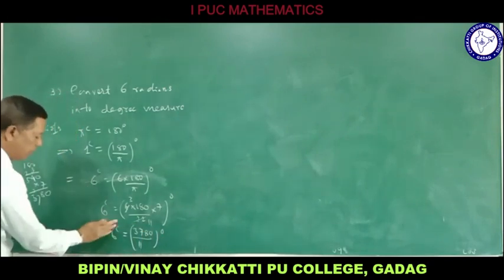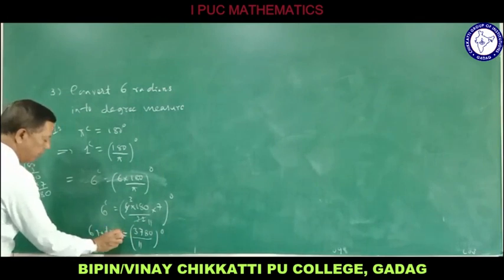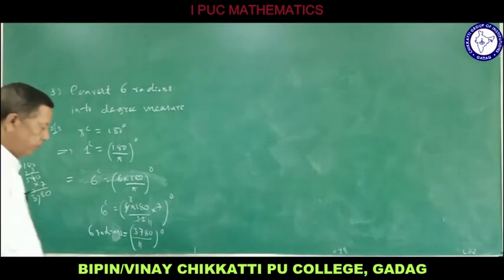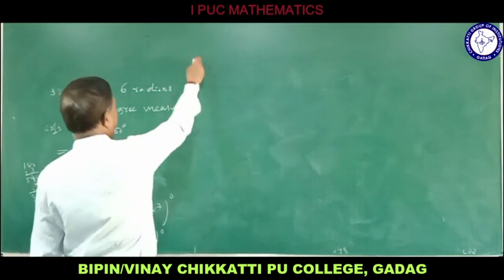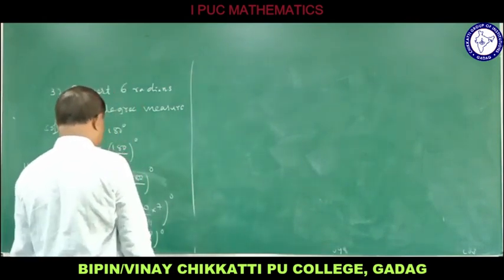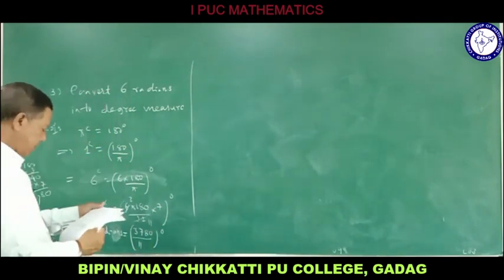You write that 6 radian. Try to understand in word 6 radians also. Usually radians plural may not be used, and always we use singular term radian, 6 radian or 6 radians. How much you got here? 3780.